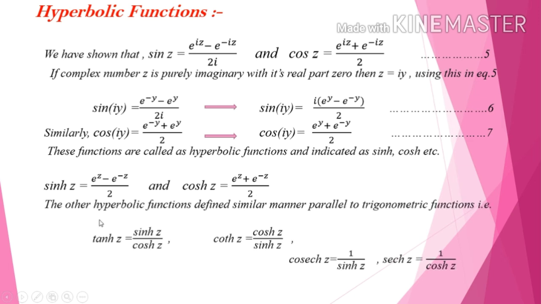Then other hyperbolic functions are defined in a similar manner, parallel to trigonometric functions, that is tanh z equals sinh z divided by cosh z. Similarly coth z, cosech z, sech z can be determined with the help of this terminology. So these all functions are known as hyperbolic functions.